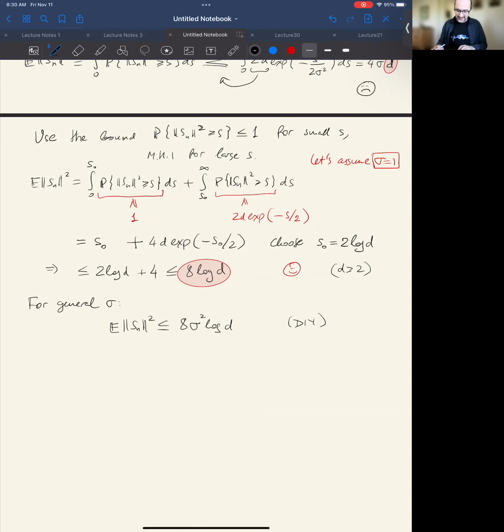Great. And if we take the square root of that, so expected value of Sn is less than the square root of expected value of Sn squared, it becomes, well, 8, root of 8 is less than root 9, so it's 3, I think, less than 3 sigma root log d. Aha.